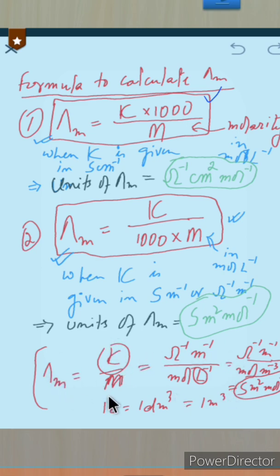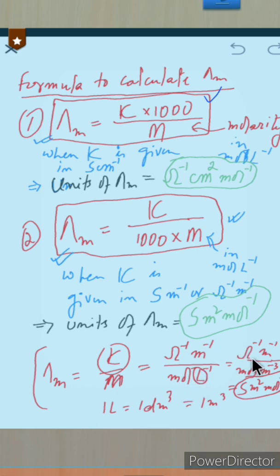Lambda m is kappa by molarity. In kappa by molarity, 1000 has no unit, so kappa is measured in per ohm per meter, and molarity is mole per liter. Liter is a common unit of volume, not an SI unit or CGS unit. If we want to convert this into SI unit or CGS unit, we must change it into meter cube or centimeter cube.